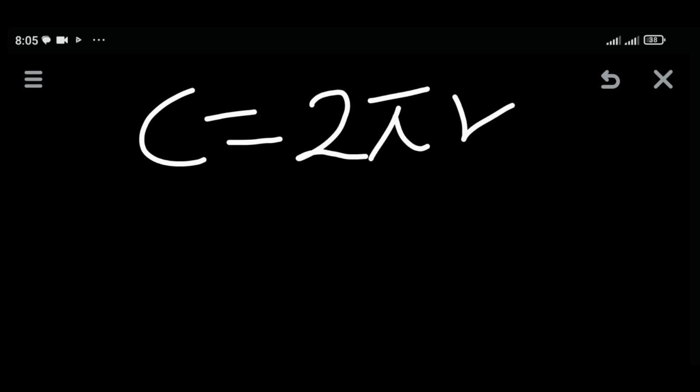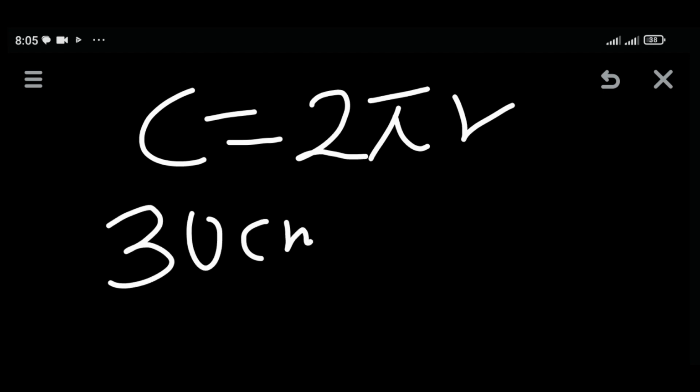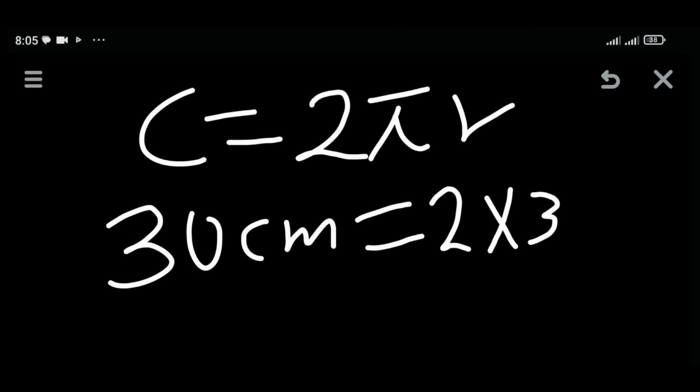From here, we input our given circumference of 30 centimeters on the left-hand side, equal to 2 multiplied by our pi, given as 3.14, multiplied by our radius.